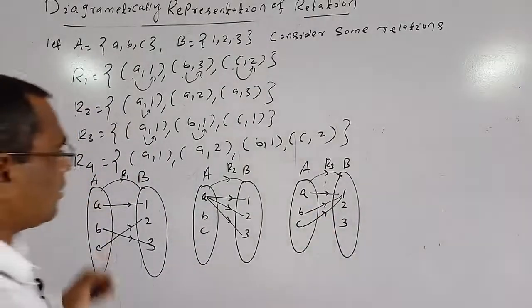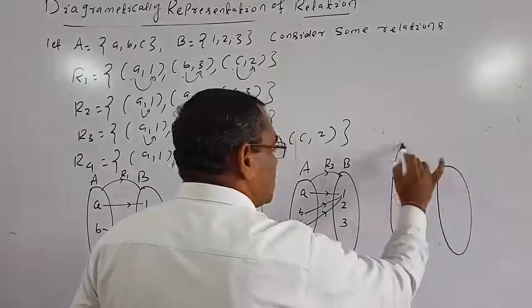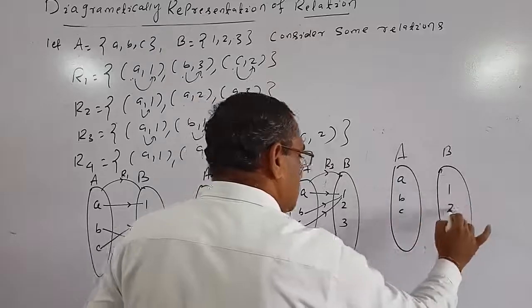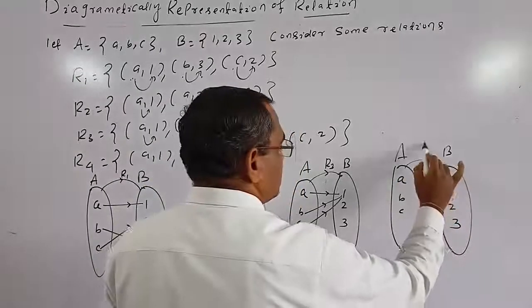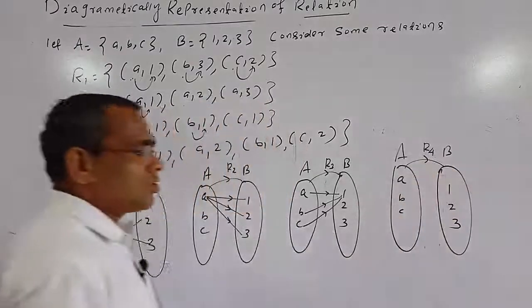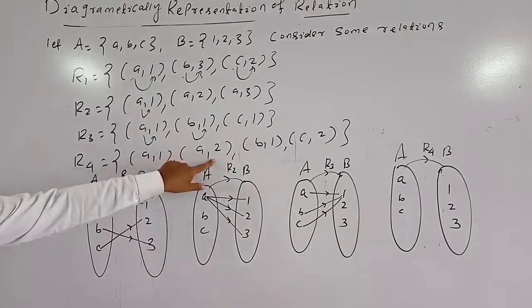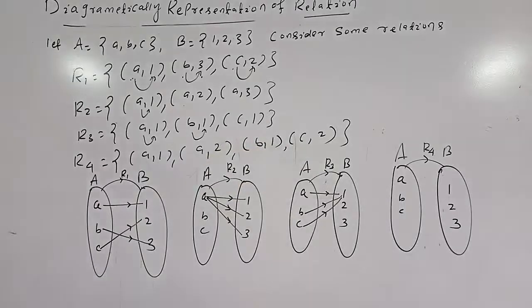Next, R4. This is set A and this is set B. Set A contains a, b, c, and here we have 1, 2, 3. This is known as R4. R4 contains the ordered pairs (a,1), meaning a related to 1, (a,2), a related to 2, (b,1), b related to 1, and (c,2), c related to 2.